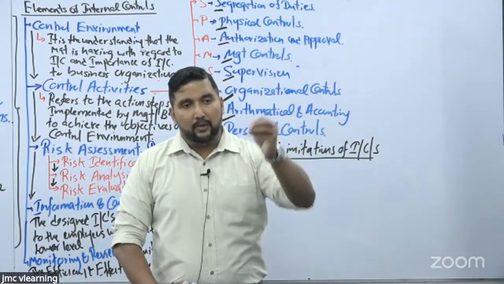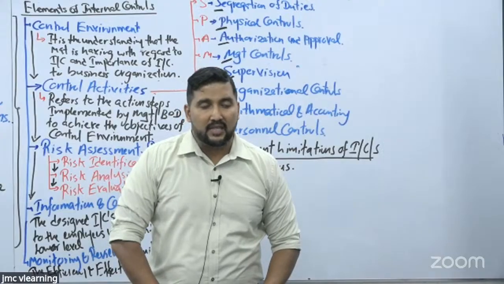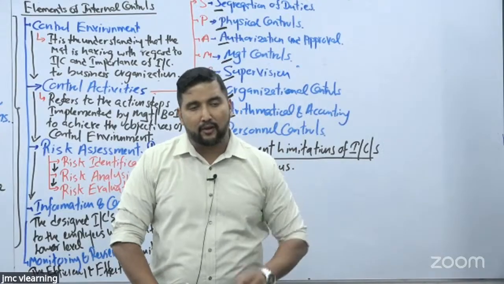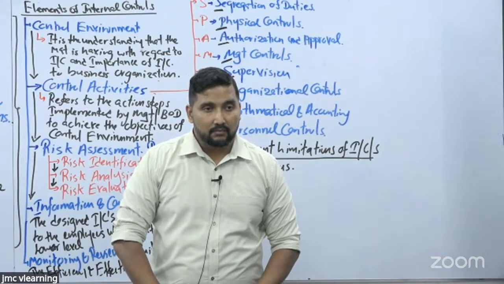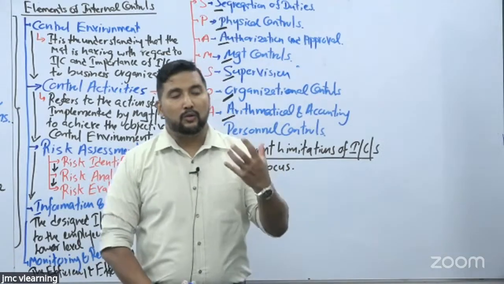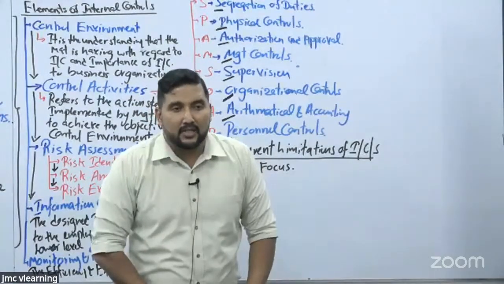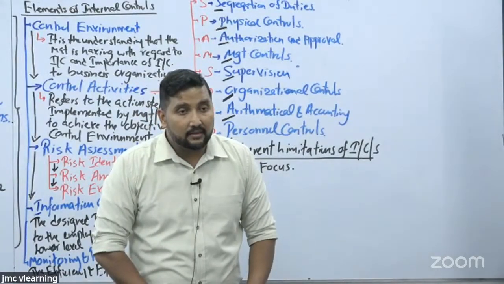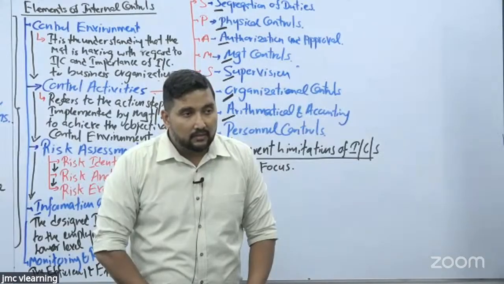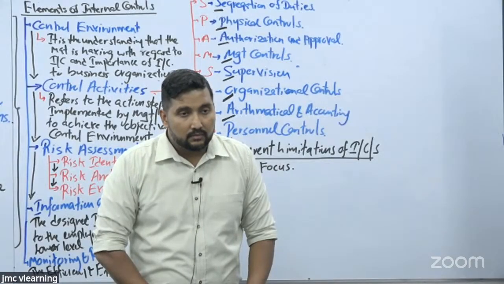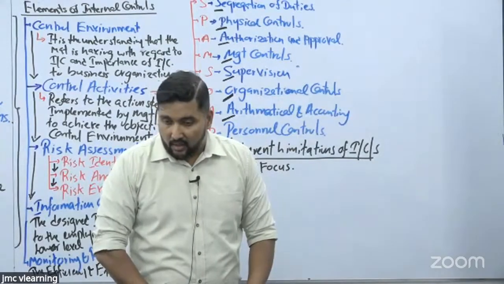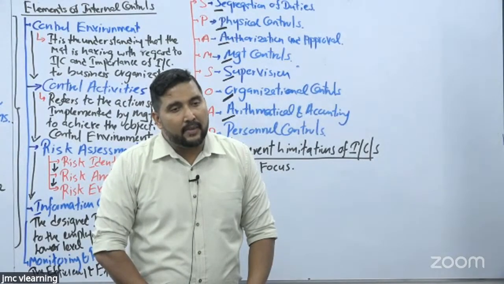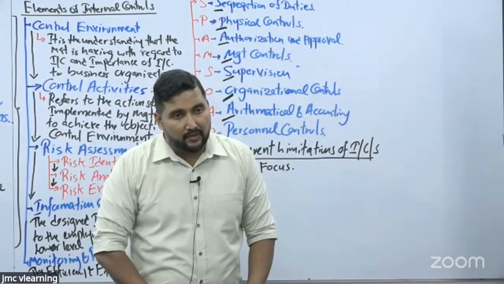For the people who purchase vLearning from JMC, how much did you pay for the auditing subject? 6,000. Okay, you paid 6,000 rupees. Have you received any monetary benefit while incurring 6,000 rupees as of now?